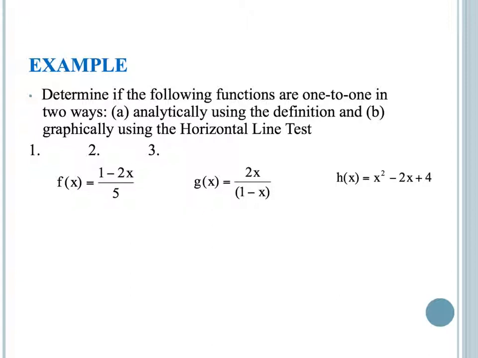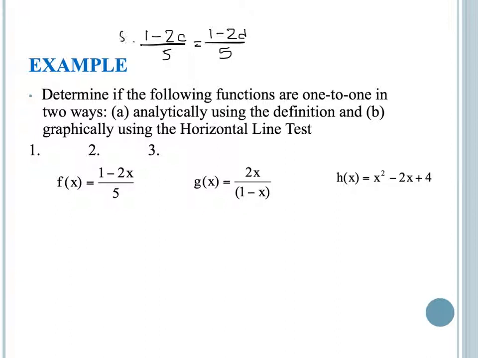So in this first function here, to check with the C equals D, I am literally replacing 1 minus 2C over 5 equals 1 minus 2D over 5. And my goal is to do this work to see if I can get C equals D. So first things first, I'm doing my algebra to solve this equation.